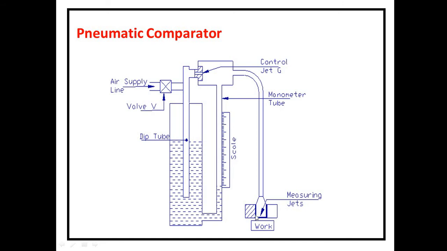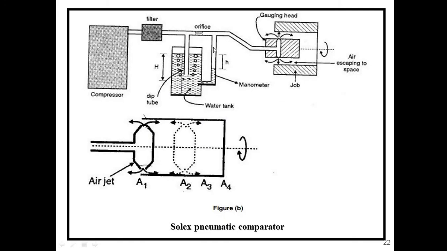So the amount of back pressure generated in the circuit is directly a function of the gap between this gauging head and this surface. This gap decides the amount of back pressure, and this gap itself is a function of the actual dimension of the job.